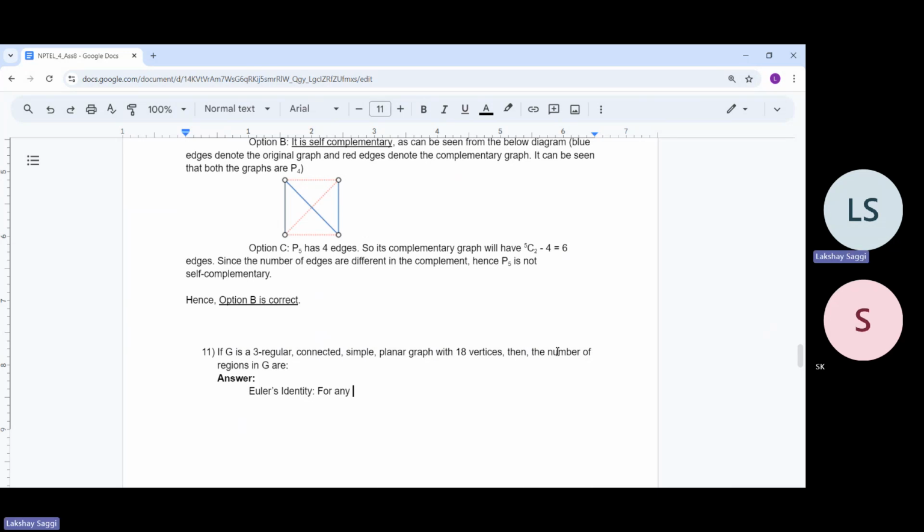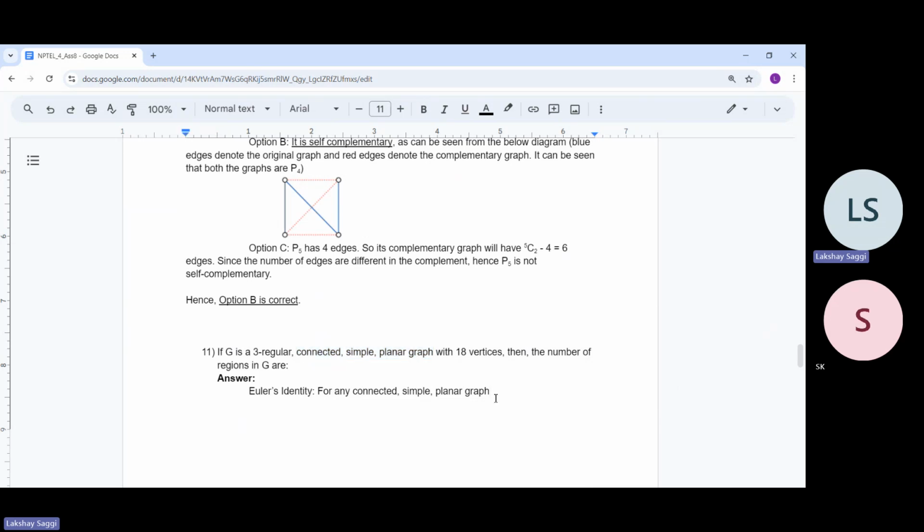Euler's identity only applies to graphs that are connected, simple, and planar. That's why G had these three properties, so that we could apply Euler's identity. If G did not have any of these properties, we could not have applied it. But since G has them, we can apply it.